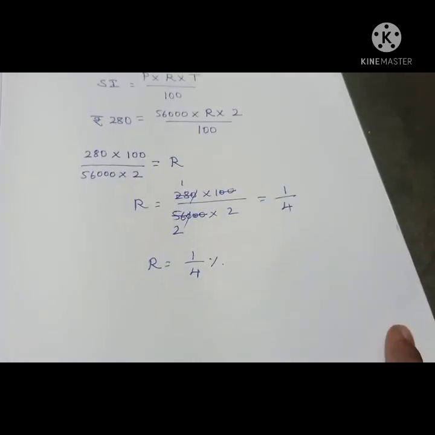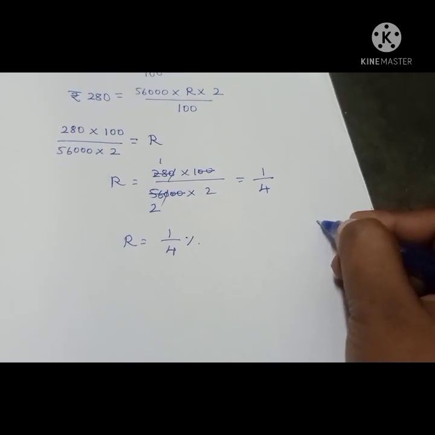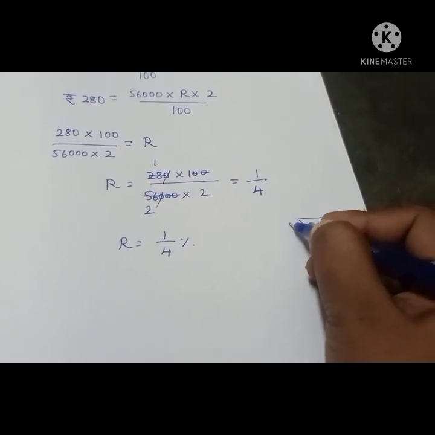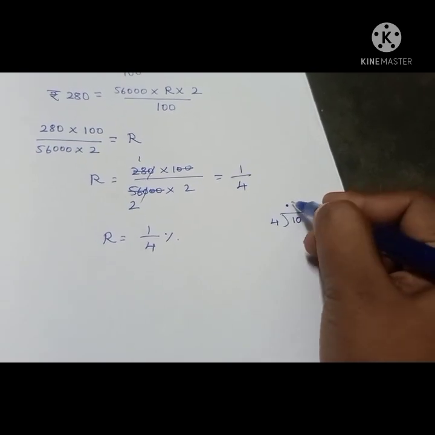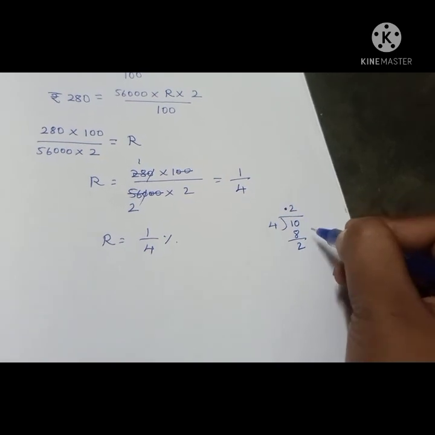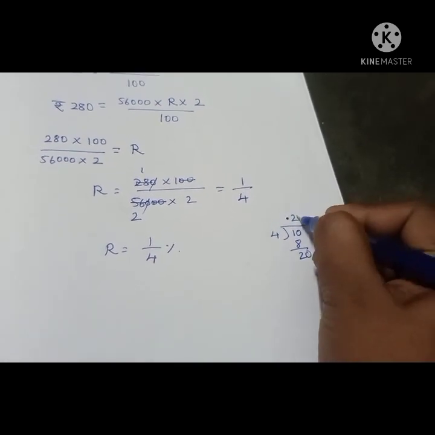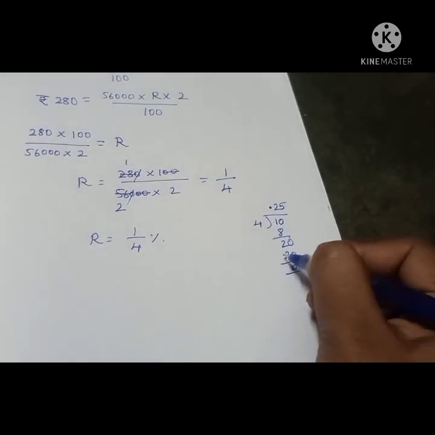Here we can convert this into decimal also. How will we convert? We divide 1 by 4. We will add a 0 here. 2 times 8, remainder 2. We'll add one more 0. 5 times 20, remainder 0.